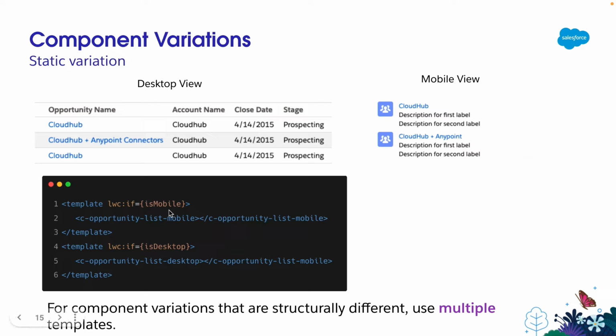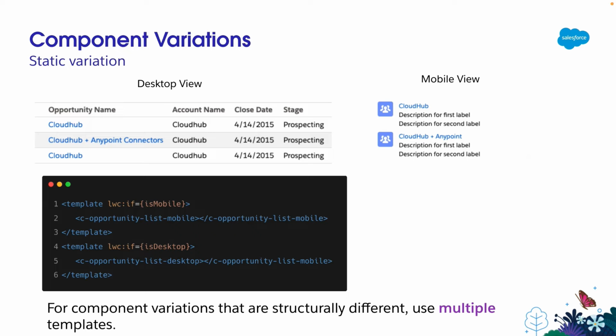And if it is a desktop, I'll render the desktop list component. These two components use multiple templates, but in terms of data access, they use the same method to access the data.